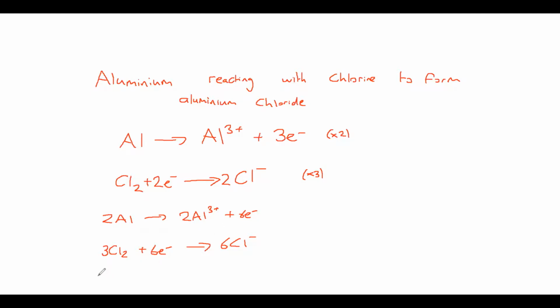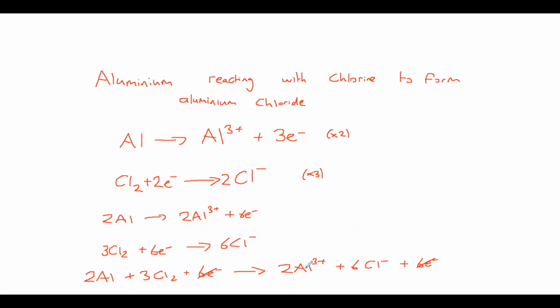our overall equation. So we have 2Al plus 3Cl2 plus 6 electrons going to 2Al3+ plus 6Cl- plus 6 electrons. Now you can see that we can cancel out our electrons again, and we're left with our ions to balance out.